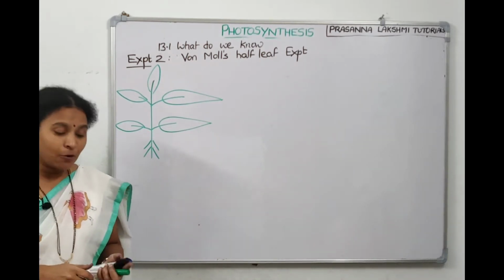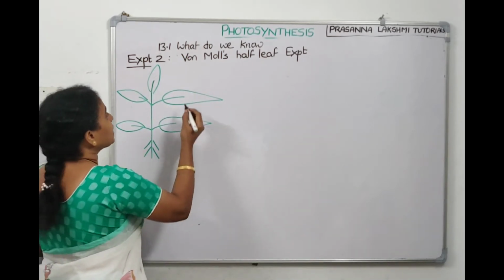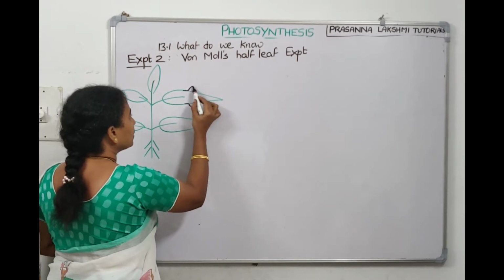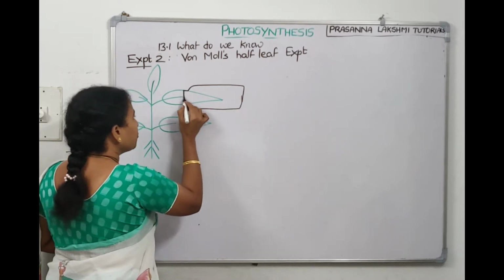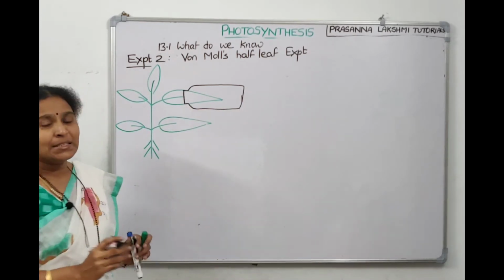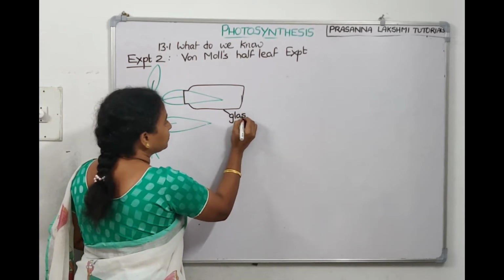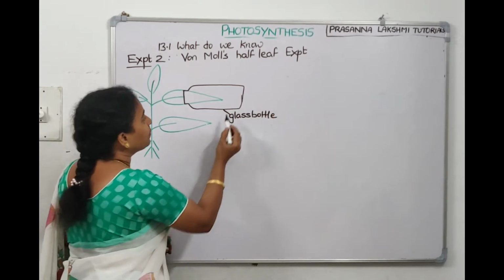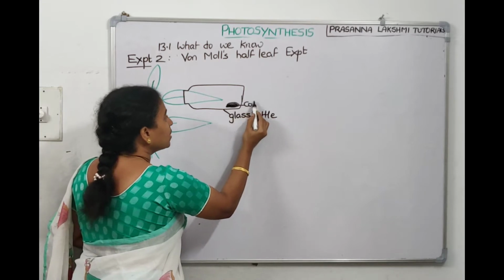Now half of the leaf is kept in a bottle or in a beaker. This much portion of the leaf is kept inside the glass bottle, in which cotton is there. What is this?